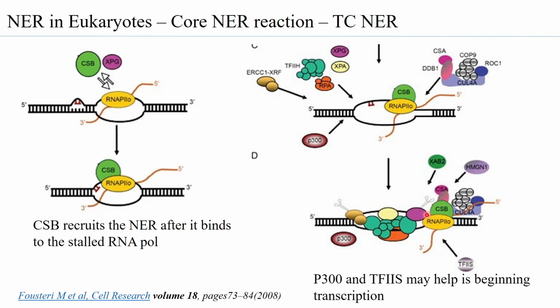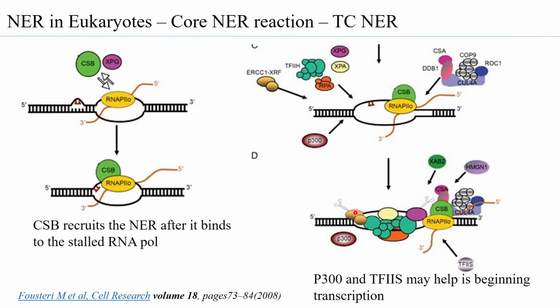In the meantime, because the RNA polymerase is stalled and CSB is able to bring in all the NER complexes, you have RPA coming and binding to the non-damaged strand, you have TFIIH coming and binding to the damaged strand with its XPB and XPD, and then you have ERCC1-XPF coming and binding, and you have XPG coming in.